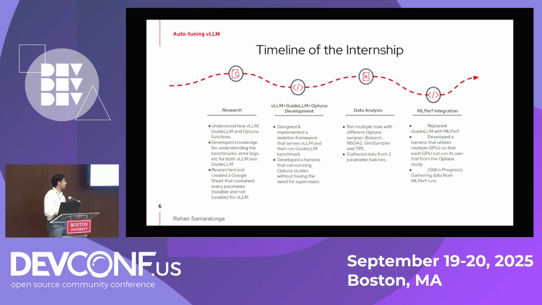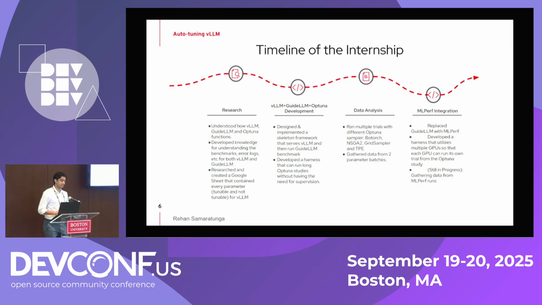Next, I designed a skeleton framework that served vLLM, then ran a benchmark with GuideLLM, and then Optuna saved all of this data into a study and ran multiple trials, so we don't have to supervise the whole process.